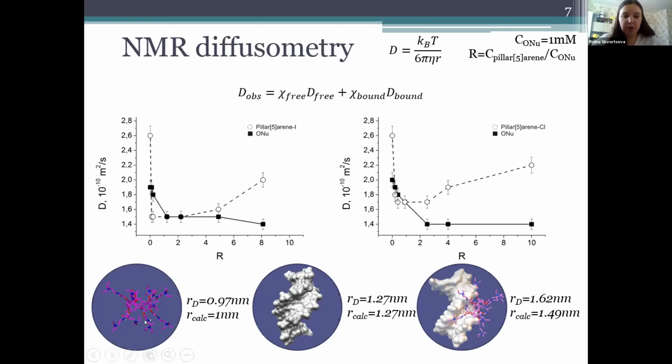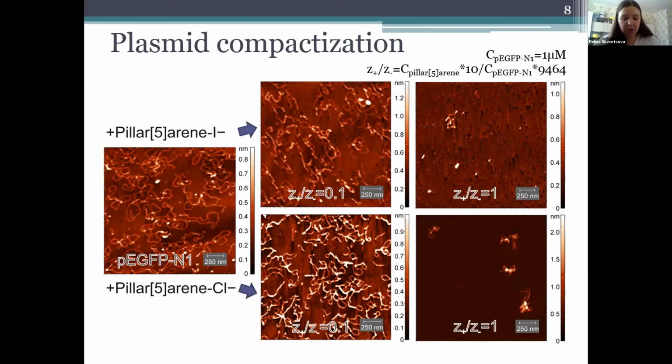The hydrodynamic radii of pyrrolurine, DNA and resulting complexes, calculated in the HydroPro program from the PDB structure, agree well with those calculated from the self-diffusion coefficients. This fact supports the proposed structure of the complex.